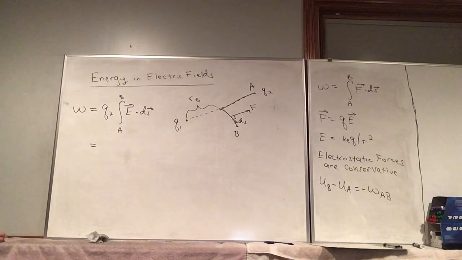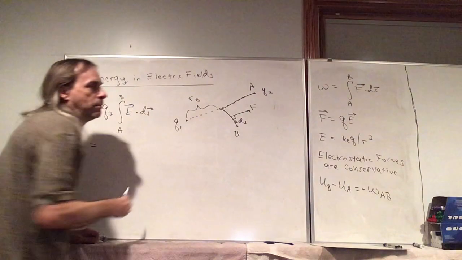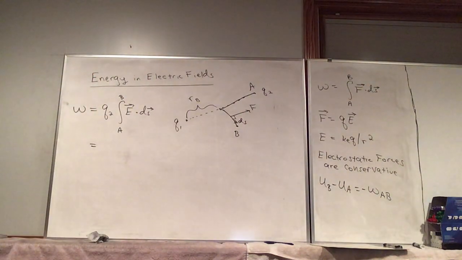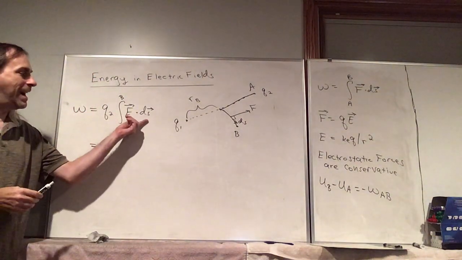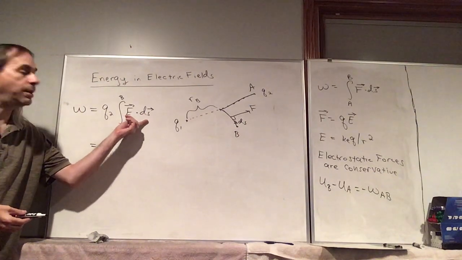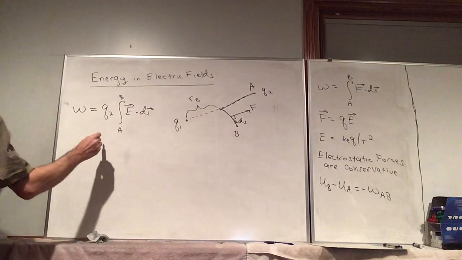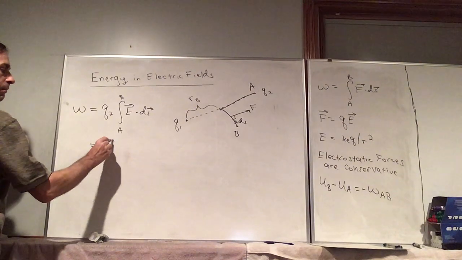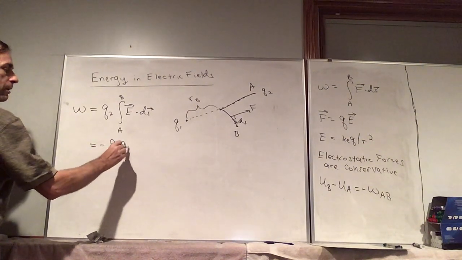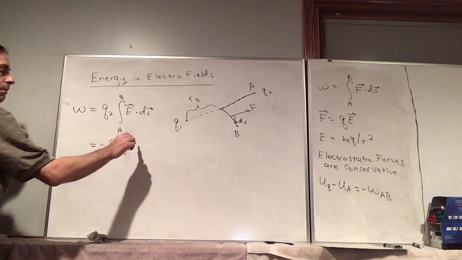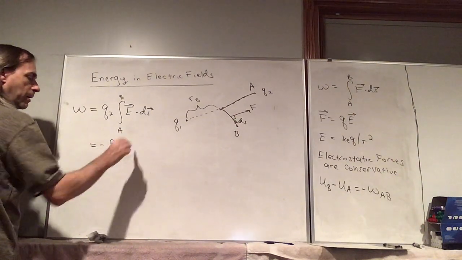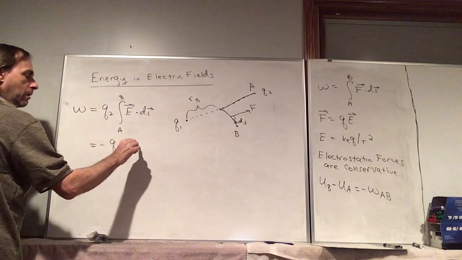Again, let's say Q1 and Q2 are both positive or both negative, so that the force is pointing away from Q1, then E dot ds is going to be negative. So we'll have minus, I took Q1 out as well, and we're going to have Ke.